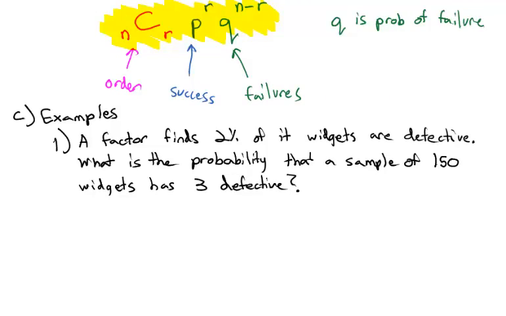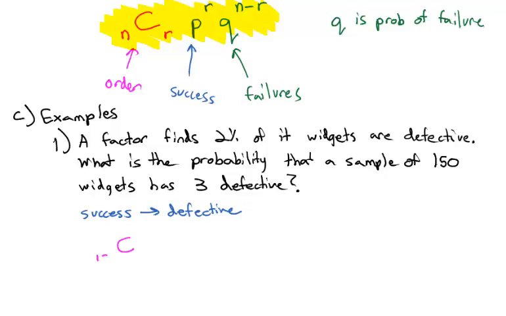So, what are we calling success here? Success we're calling a defective widget. So, looking at the defective widgets, our combination is going to account for all the different orderings of these defective widgets.